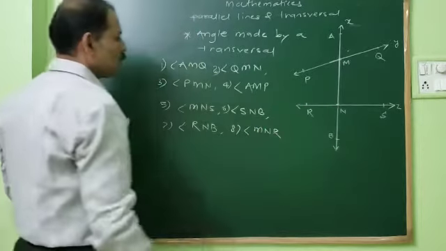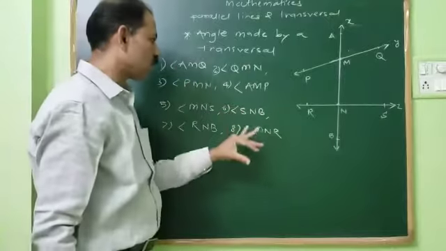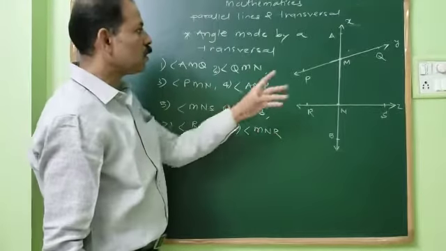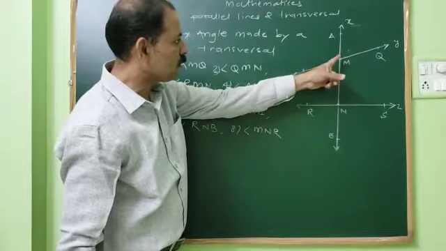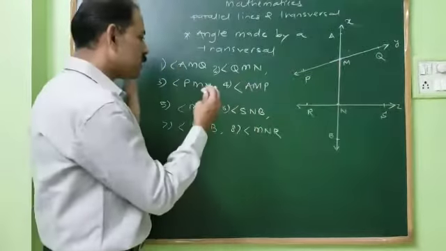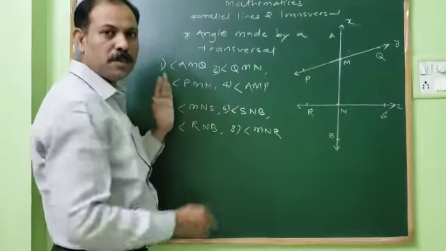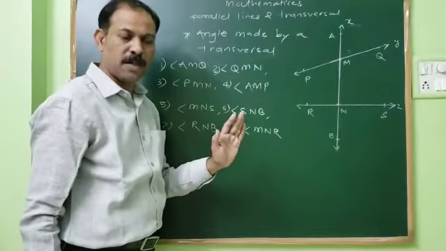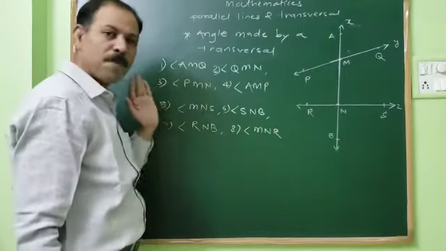So dear students, all these 8 angles are formed due to the two points of intersection M and N, and these 8 angles are grouped into pairs of angles. Let us see the pairs of angles.